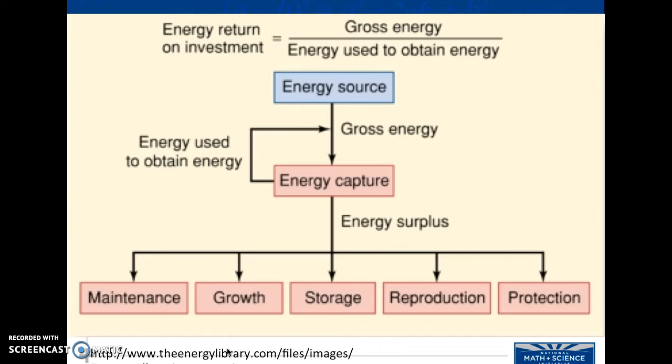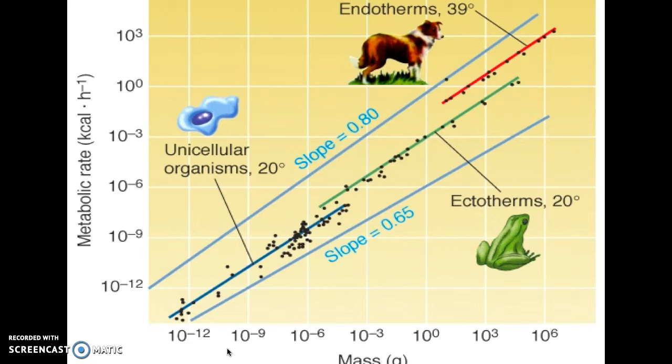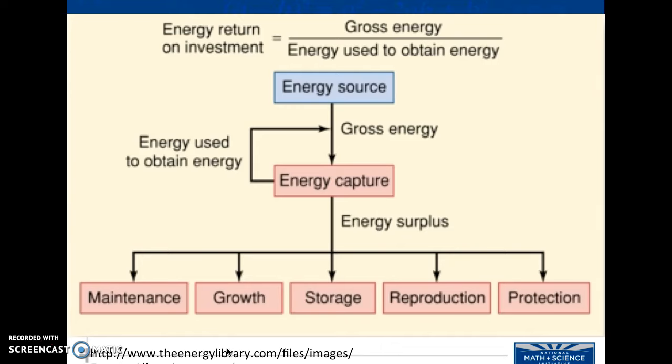When we think about ectotherms versus endotherms, we talk about the energy return on investment. Basically, how much energy do I put out every time I'm trying to gain food or energy, and how much energy do I get back from that? And when we are talking about an endotherm, right, us humans, we're going to put in a lot of energy to kind of break even.